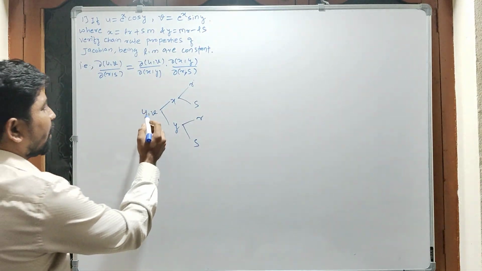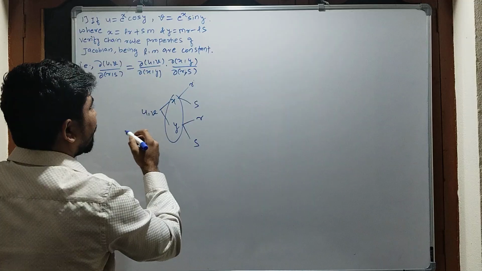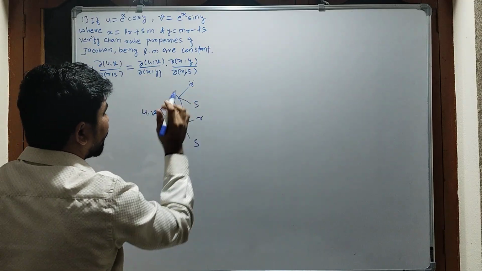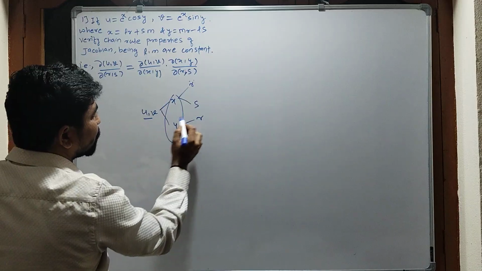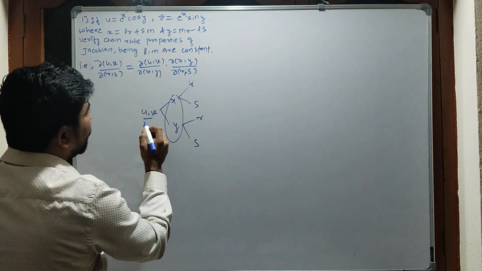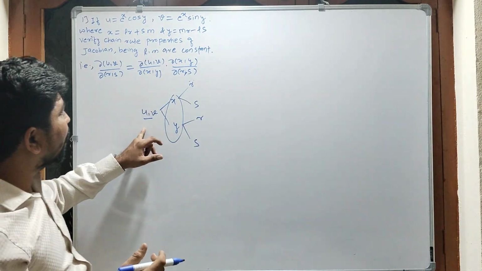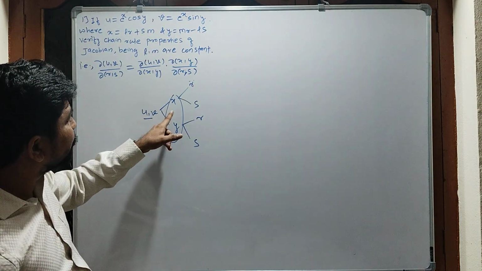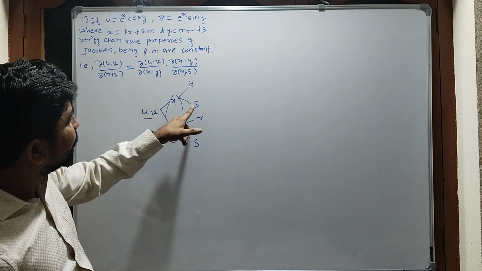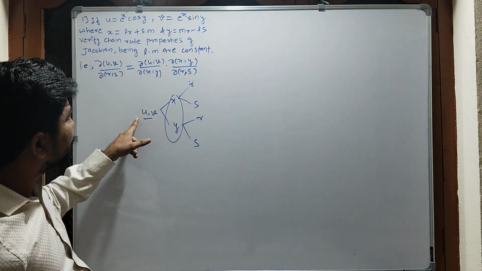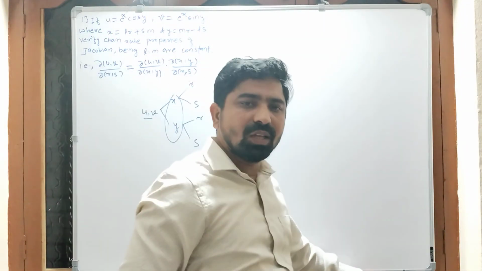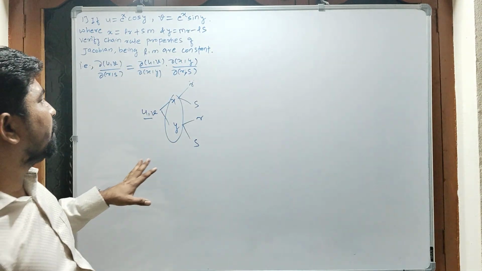Here u, v are functions of r, s, since x, y are functions of r, s. That is what we have to show. This is the chain rule property of the Jacobian.